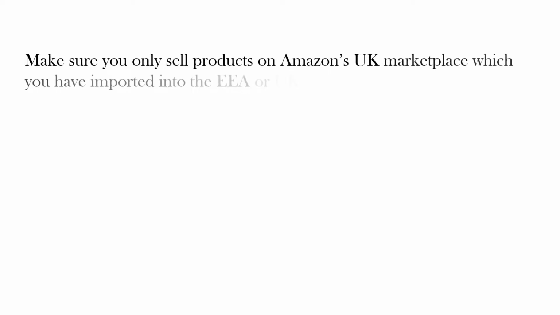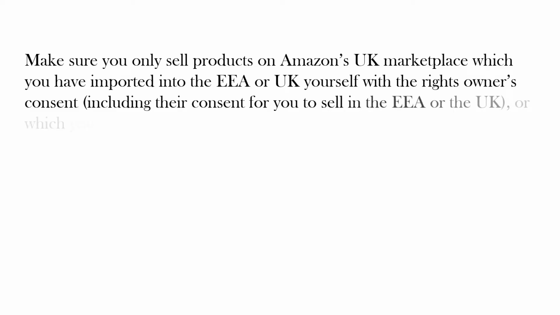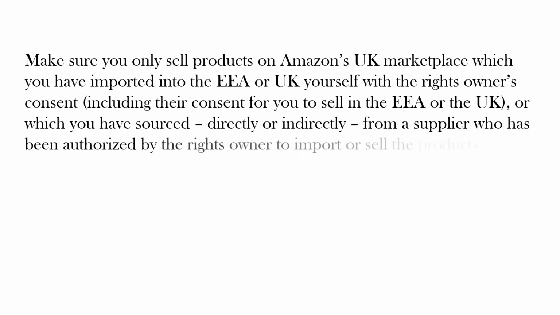Make sure you only sell products on Amazon's UK marketplace which you have imported into the EEA or UK yourself with the rights owner's consent, including their consent for you to sell in the EEA or the UK, or which you have sourced directly or indirectly from a supplier who has been authorized by the rights owner to import or sell the products in either the EEA or the UK.